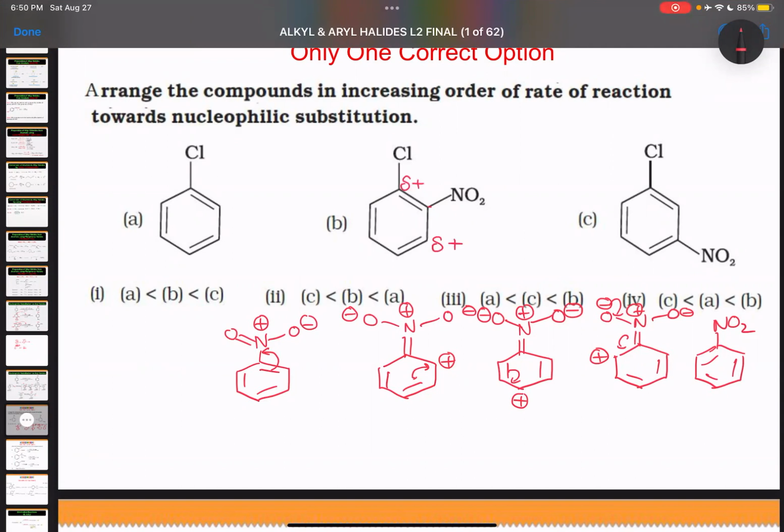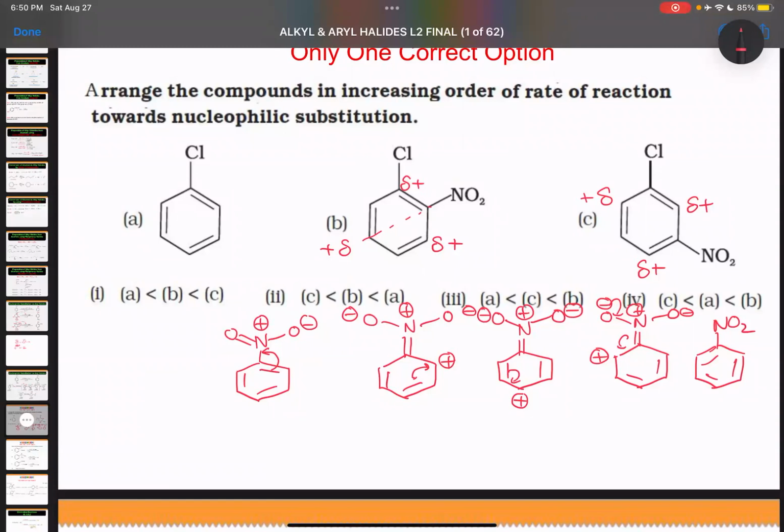So this is the opposite side. Just the adjacent and the opposite side, put a positive charge. Same is the case here. Also put the positive charge at the adjoining positions and the opposite place. And this is how it is happening.